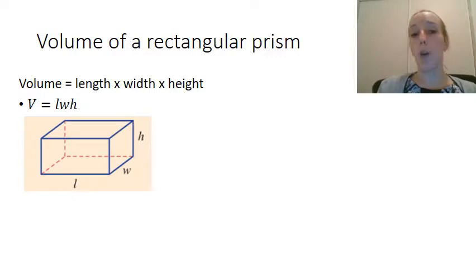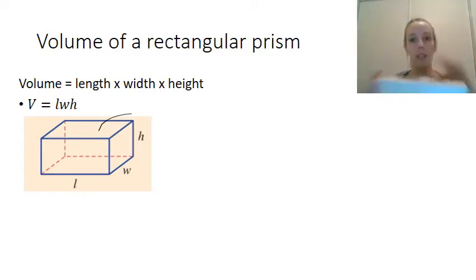Okay, so volume. The first one is the volume of a rectangular prism. A prism is just any shape that you can cut through, and it would always have the same shape. For instance, if I was to cut this shape across, I'd still have a rectangle or a square. I've got a tissue box here. This would be a rectangular prism, because if I cut it along here all the way through, it would still be a rectangle.